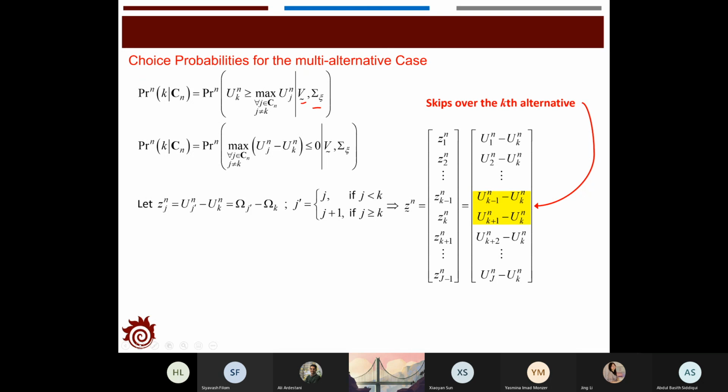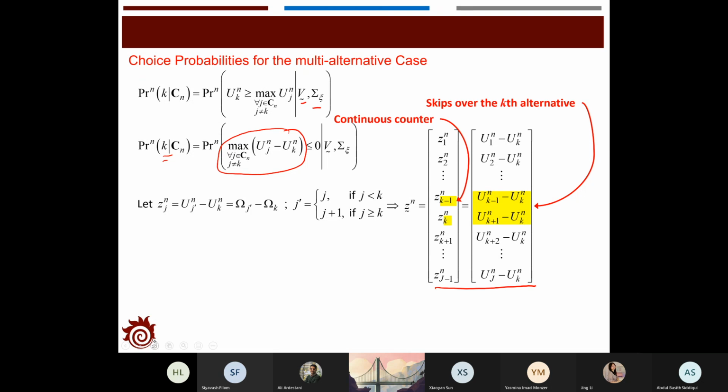So for this kind of probability calculation, you will need to find out the transformation matrix. Say that if we want to find out the probability of the alternative k, for all the utilities, you need to find out the maximization of uj minus uk for all the alternatives. And with this, you can determine the transformation matrix.